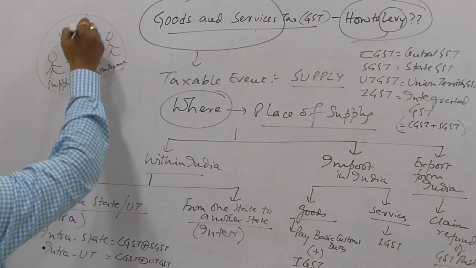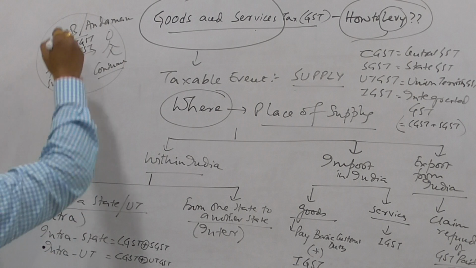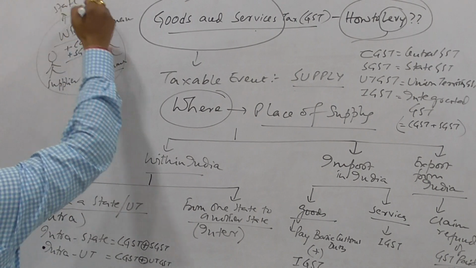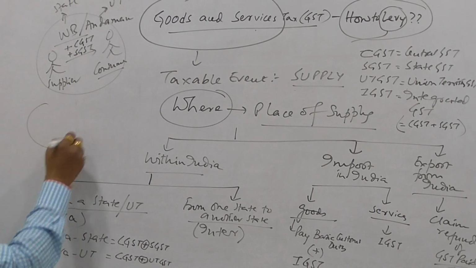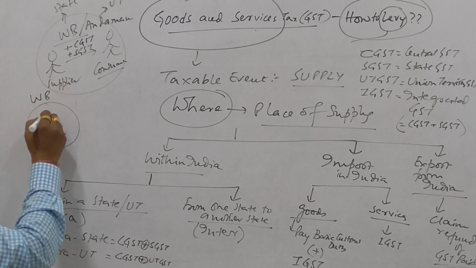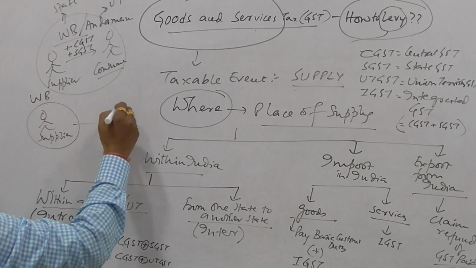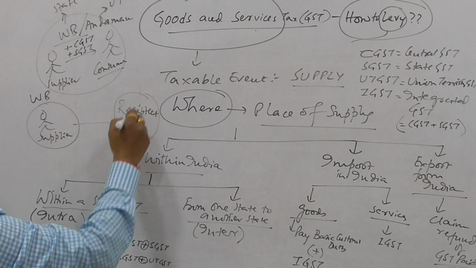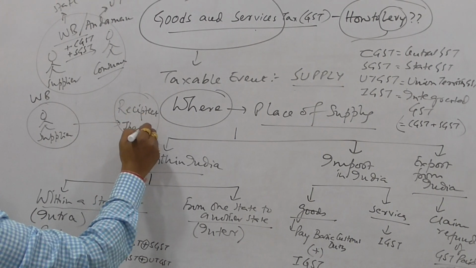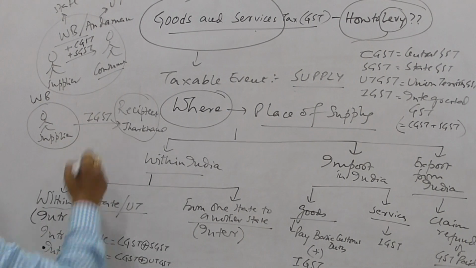Be it in West Bengal or let's say this is Andaman. West Bengal is a state, Andaman is a union territory. Okay? But if you are in West Bengal, supplier, and the recipient is in Bihar, let's say Jharkhand, then you will charge IGST.